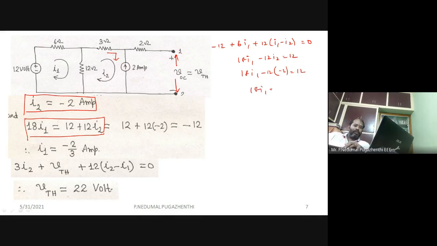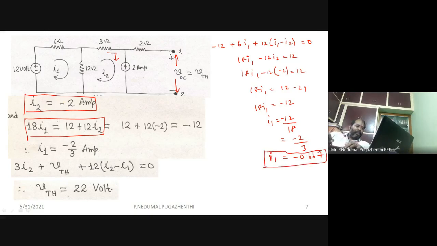So 18 I1 is equal to 12 minus 24, which gives minus 12. I1 is equal to minus 12 divided by 18, which is minus 2 by 3, that is minus 0.667. That is your I1.